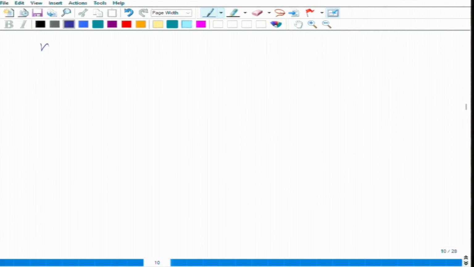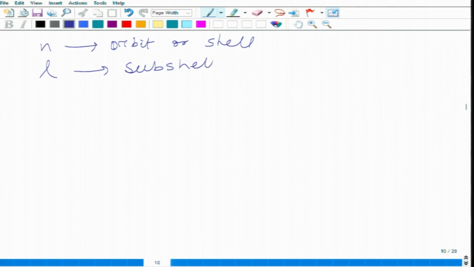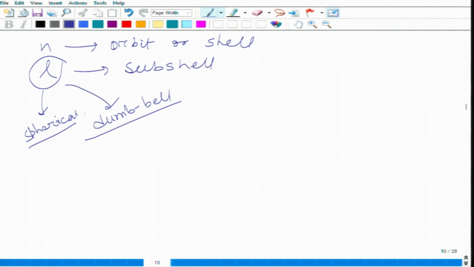So, n was the orbit or shell and L is the subshell. L describes the shape of the electron cloud. Electron cloud has various shapes like spherical, dumbbell shaped. So, these are all given by the azimuthal quantum number L.